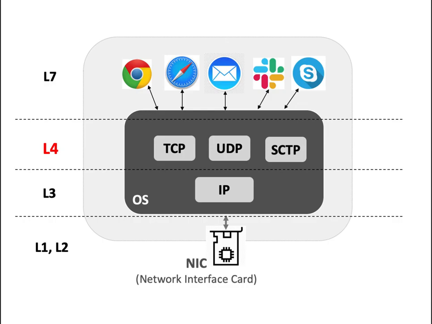Just to recap, at the transport layer you can have multiple transport layer protocols. So TCP, UDP, SCTP, but there is a longer list than this. Unlike IP, at your end host you can simultaneously have multiple flows or applications talking to the internet, going through different transport level protocols.